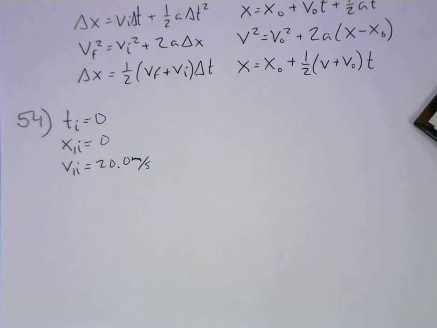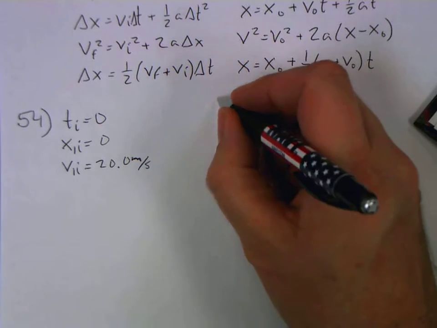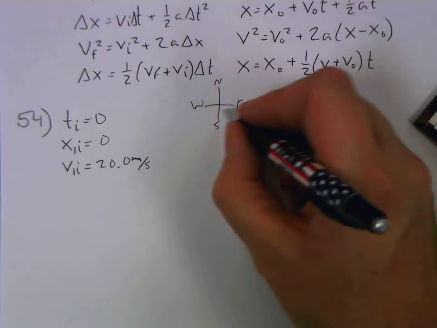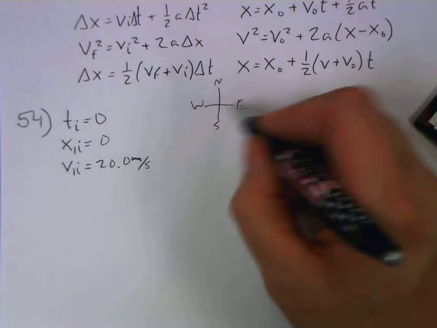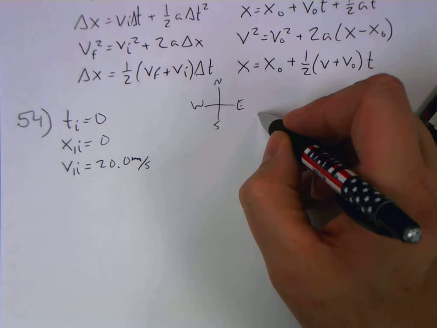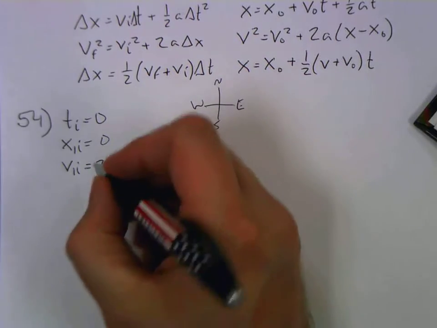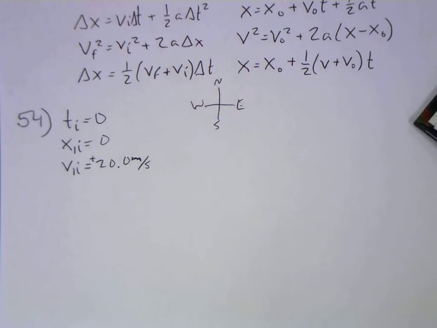Now, they said traveling east, and at the end of the problem that I read through in part A, they said taking east as the positive direction. Now, since east goes to the right, we have a tendency to make it positive anyway, just because it lines up with an x-axis if you're glancing at a map. Right? So I am going to emphasize that this is in the positive direction with a plus.